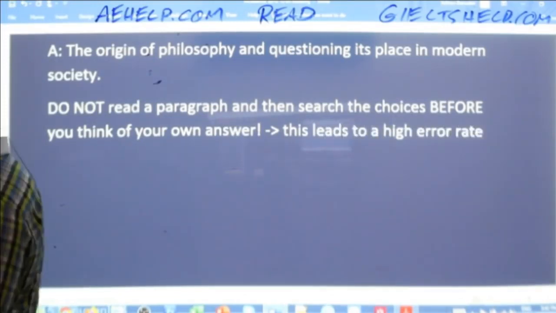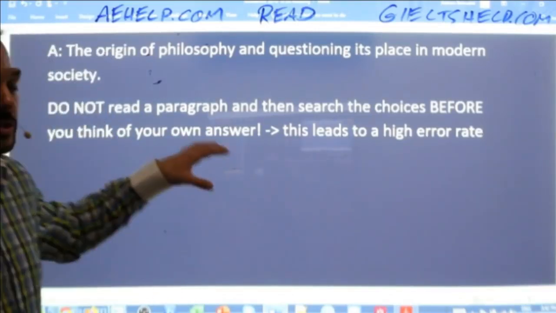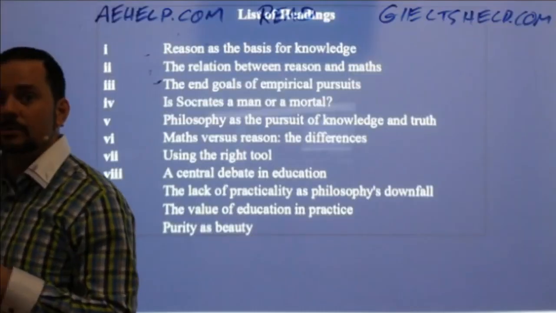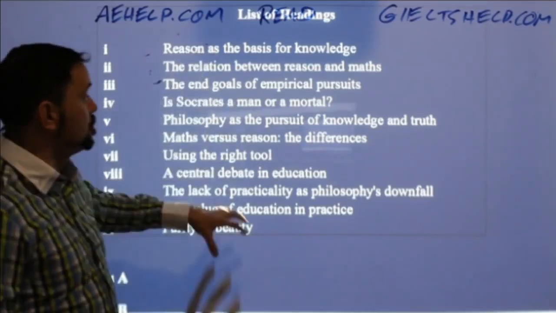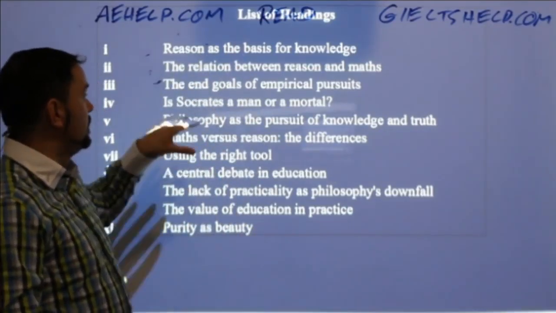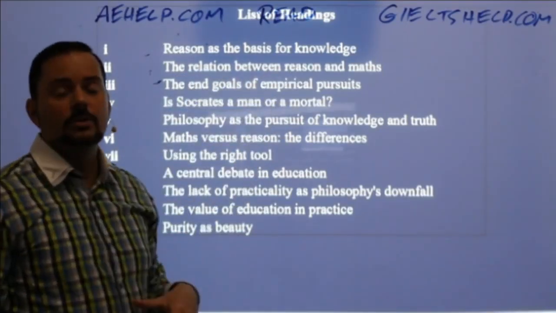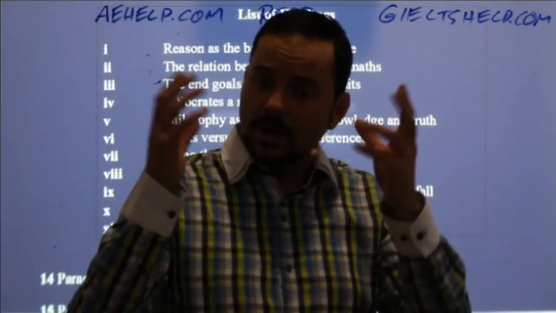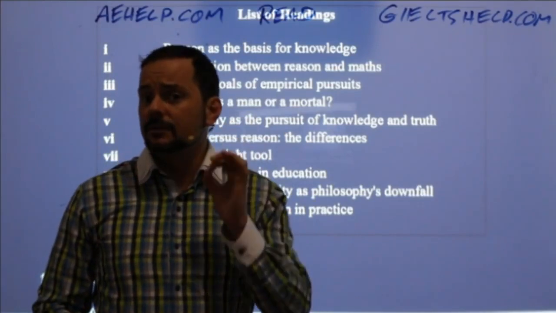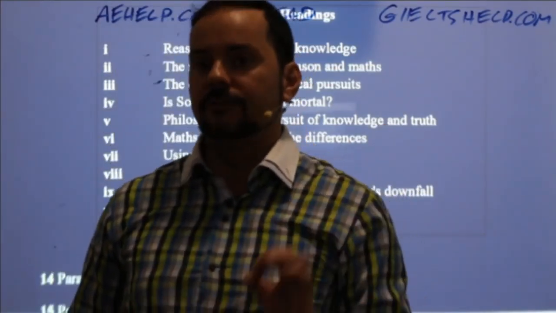I've seen many students try this, and it always leads to mistakes. When a student just reads a paragraph, they don't think about what this paragraph is about, and they simply start searching the answers. All kinds of keywords will jump out at them, and they choose the wrong answer because their brain gets confused. So it's very important that you think of your own answer first and then look for a match.